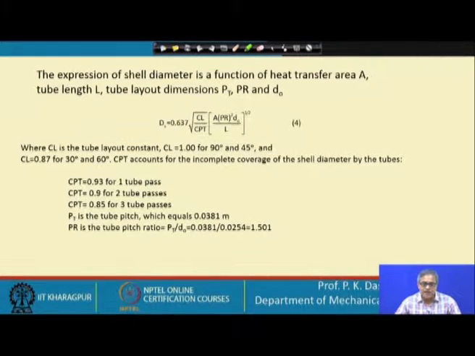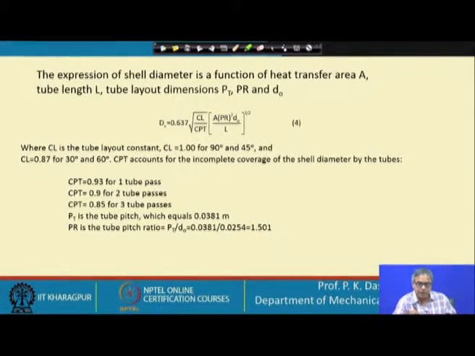The expression of shell diameter is a function of heat transfer area A and tube length L, tube layout parameters PT, PR and obviously the outside diameter of the tube, that is DO. So, there is some sort of a formula which is basically some empirical formula. With that Ds or shell diameter can be found out.